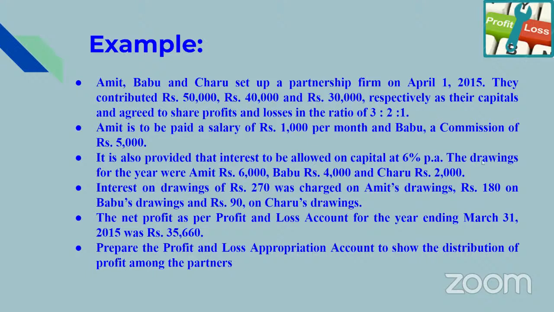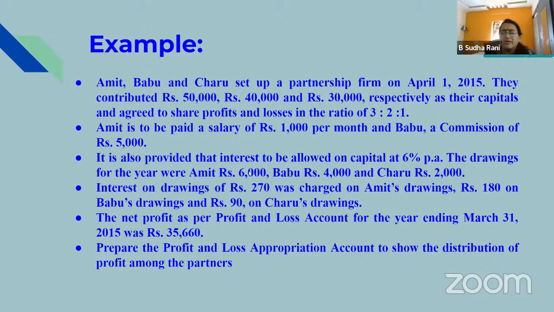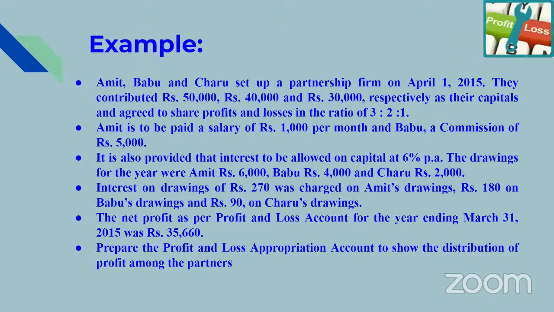Next, what he gave, drawings of the partners were given. Amit drawing 6,000, Babu drawings 4,000, Charu drawings 2,000. Now read next point. Interest on drawing of rupees 270 was charged on Amit's drawings and rupees 180 on Babu's drawings and rupees 90 on Charu's drawing.